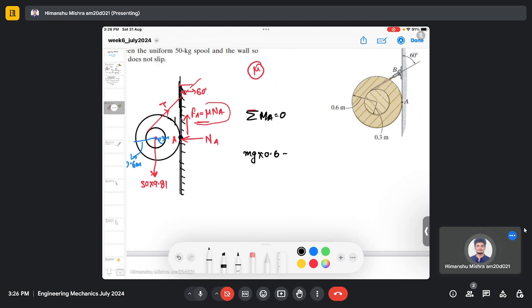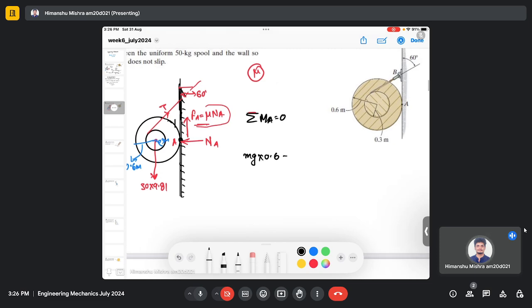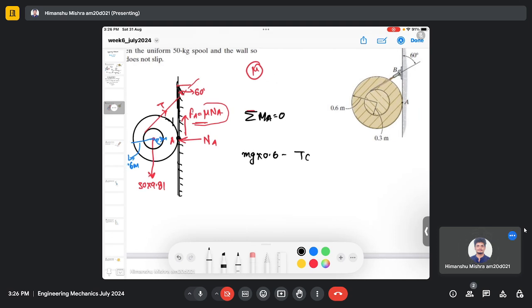Then, due to the vertical and horizontal components of this tension, you can actually take 0.3 as a common factor.